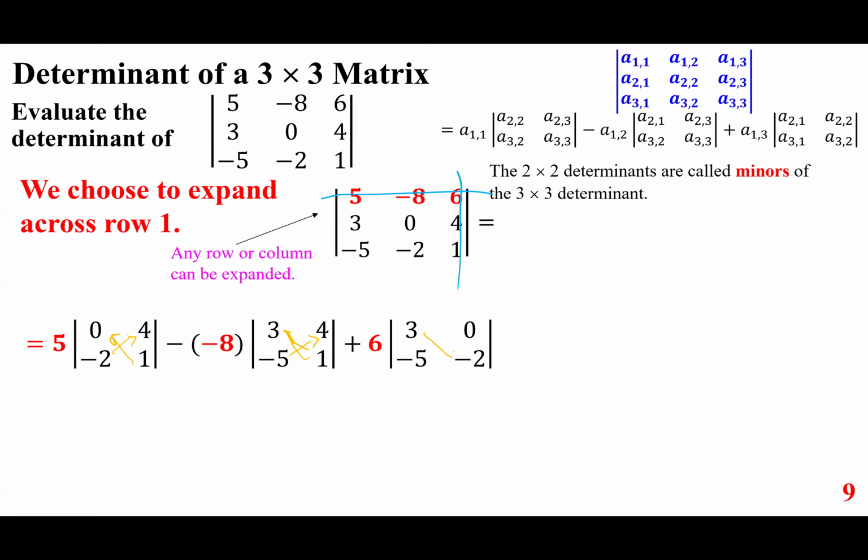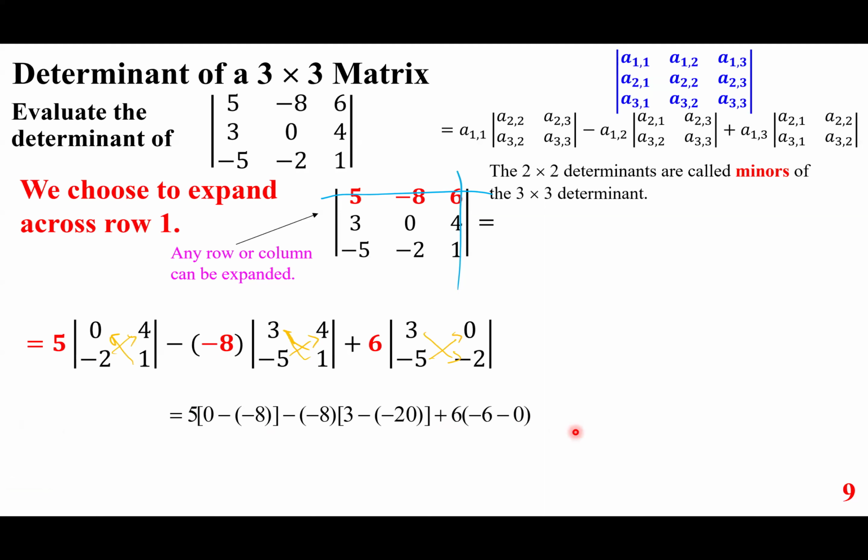In this case, 3 times negative 2 minus 6, minus 0, and the numbers in front remain 5, negative 8, and 6. So 5 times that, minus 8 times that, and so on and so forth.